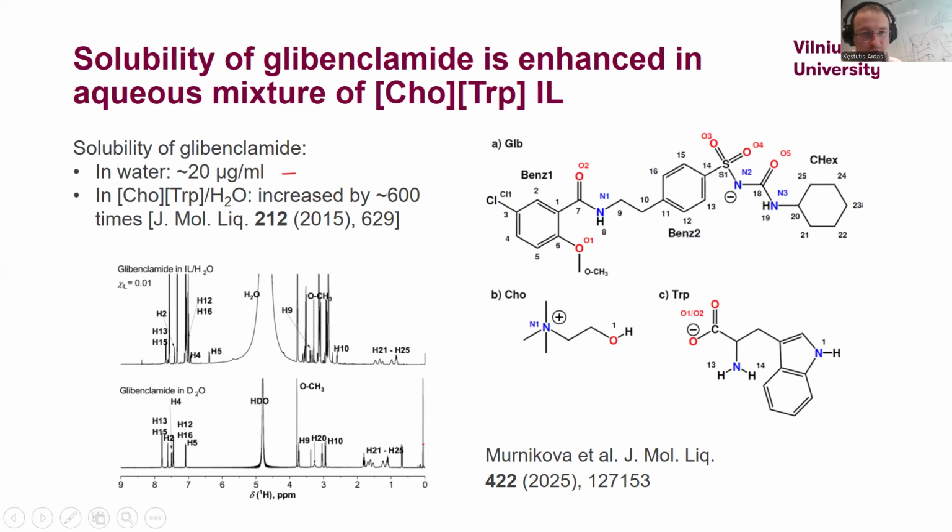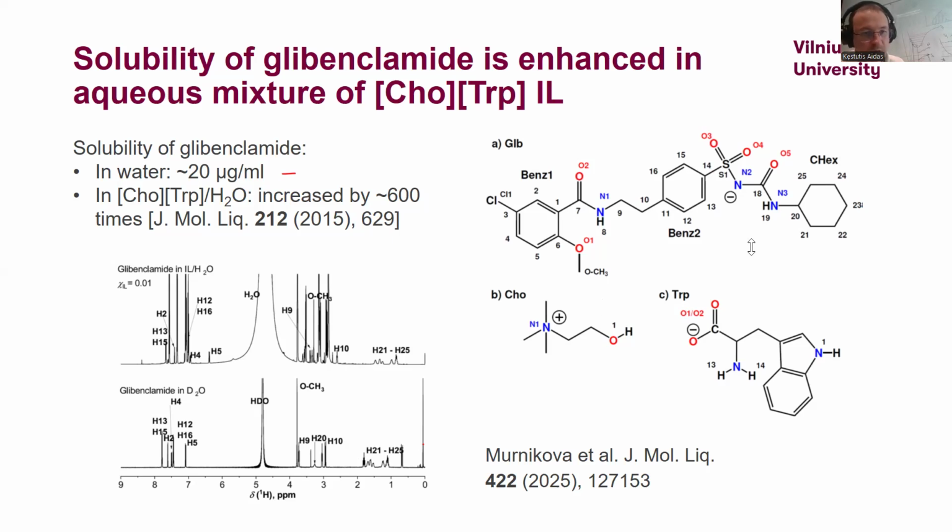And that should somehow drive the hydrotropism of the hydrotrope, so to say. So if that is the case, then we thought that the NMR spectrum of glibenclamide should be sensitive to the formation of these kinds of molecular complexes.